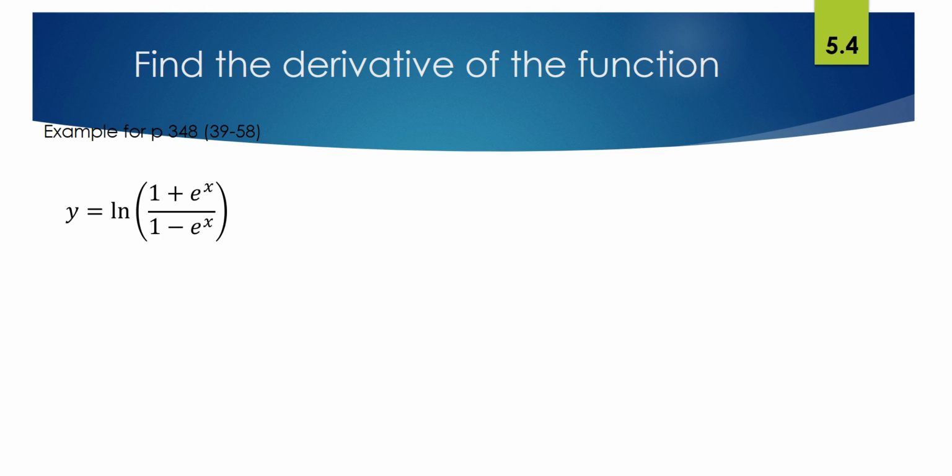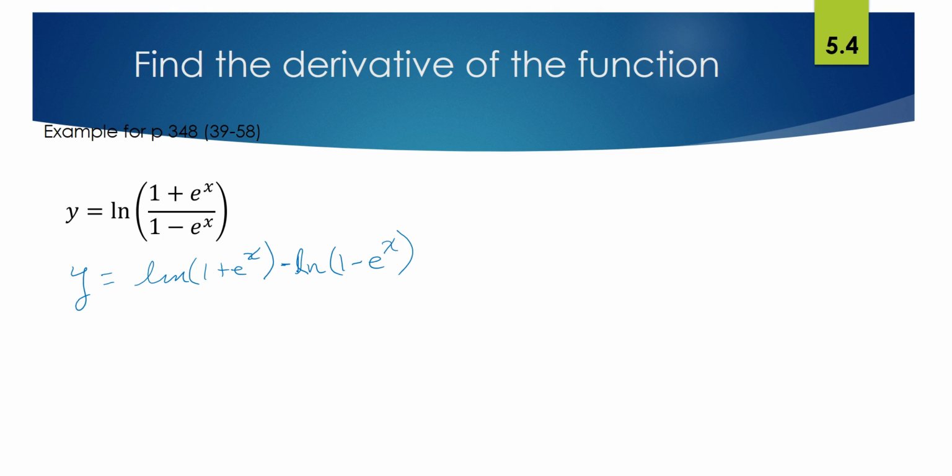I can actually do this problem 2 different ways, so we'll see how much room I have on the slide. The first thing I'm going to do is I'm going to break apart my ln. So I'm using my ln properties, and division is ln of the top minus ln of the bottom.